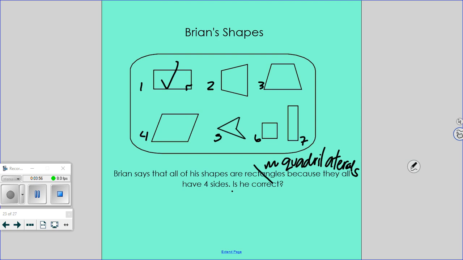Mason, what is shape number 2? A trapezoid. This is a trapezoid. I don't know why my board is being so weird today. Not a rectangle. What about shape number 3? Chloe? Not a rectangle. What shape is it?